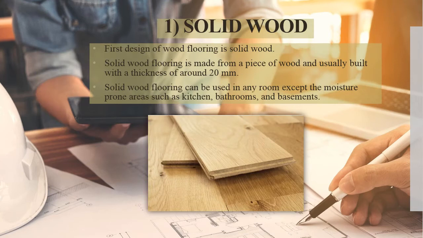One of the types of wood is solid wood. The first design of wood flooring is solid wood. Solid wood flooring is made from a single piece of wood and usually built with a thickness of around 20 mm, and solid wood flooring can be used in any room except moisture-prone areas such as kitchens, bathrooms, and basements.